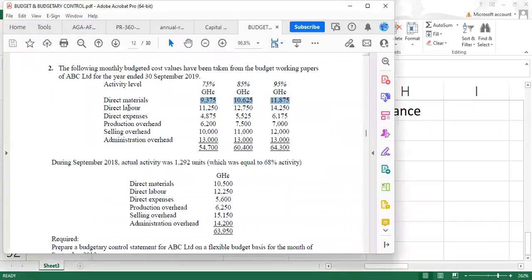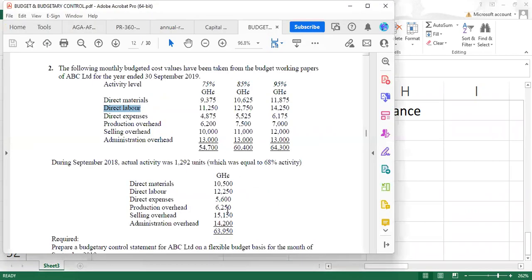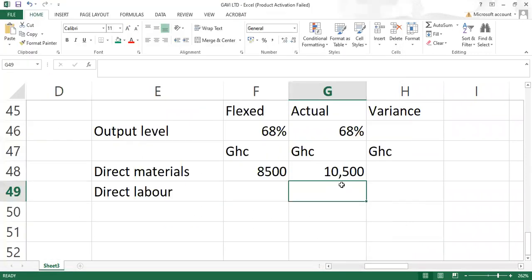Let's come to the next. The next level is direct labor. So find the cost per percentage for me. The actual one, we don't do anything, just pick the figures given to you and put them there. So this is 12,250. We don't do anything to them. How much are we getting for 1%? 125.